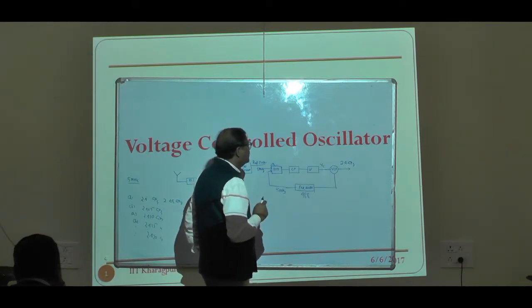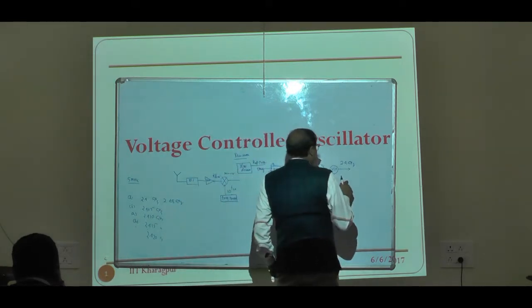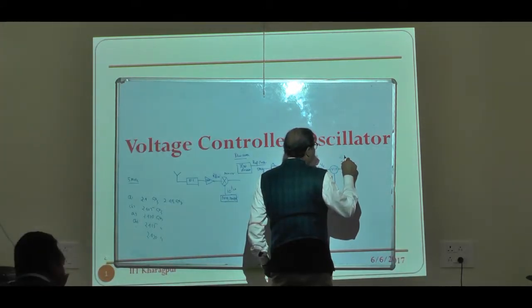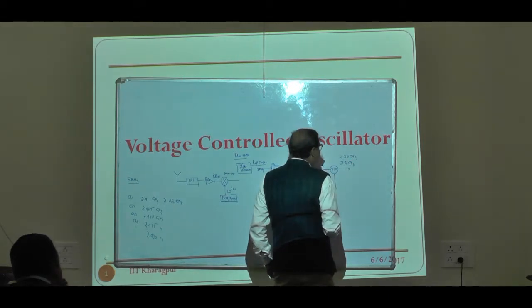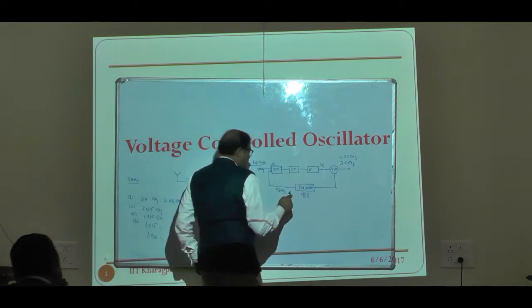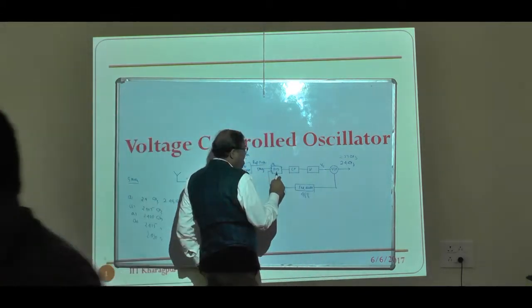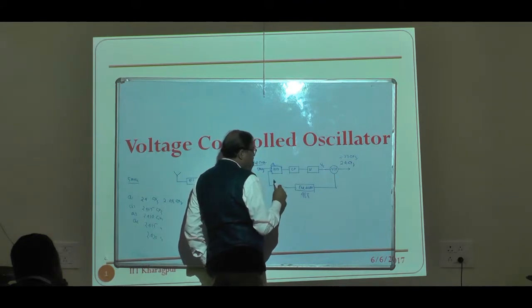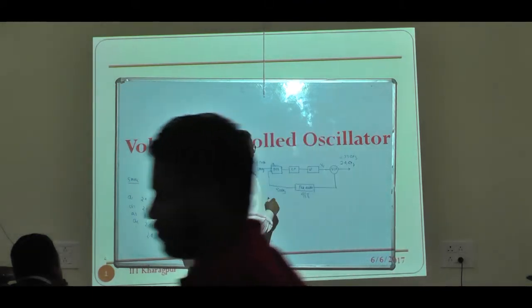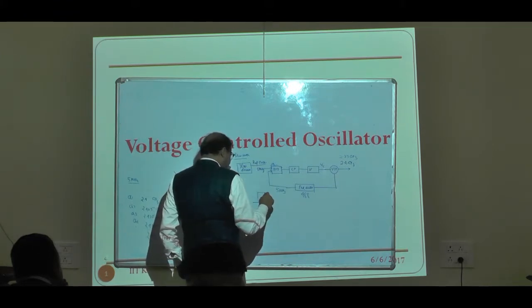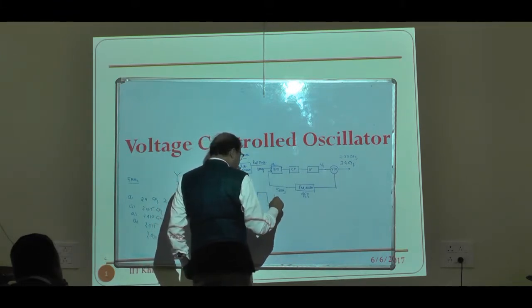If it is not locked, suppose the VCO frequency is not at 2.4 but say at 2.35 GHz, then it will compare this and the PFD output will be a non-zero value, that is unlocked. So we will talk about this. Suppose these are the two frequencies.